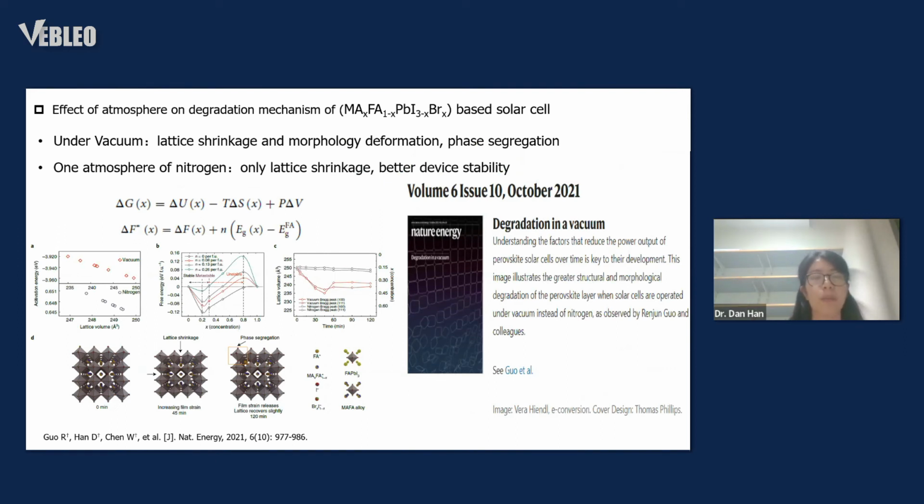They show different behaviors in vacuum and under one atmosphere of nitrogen. So we stress that one atmosphere of nitrogen should be used for future preparation of hybrid perovskites.